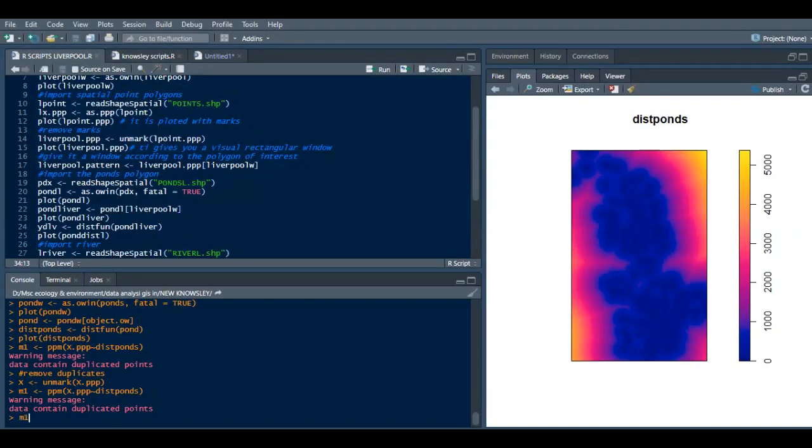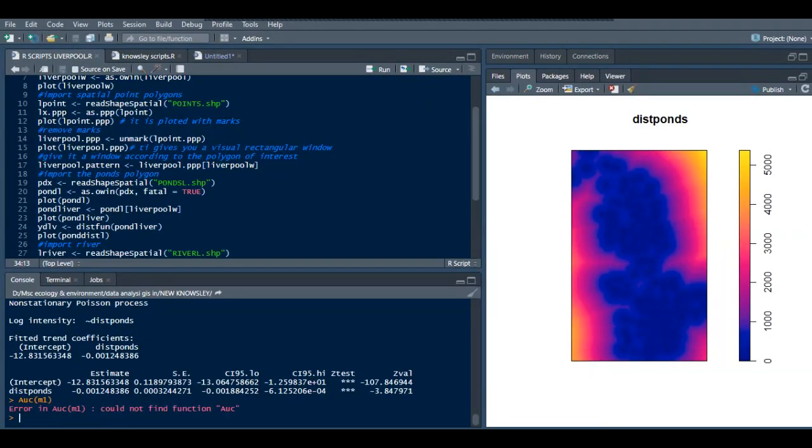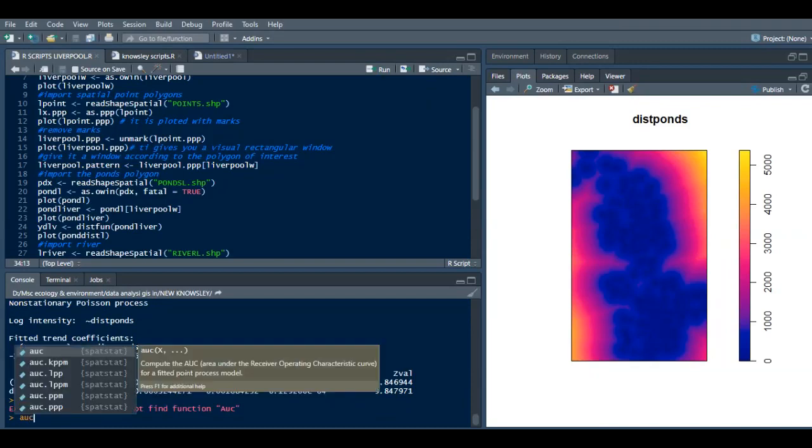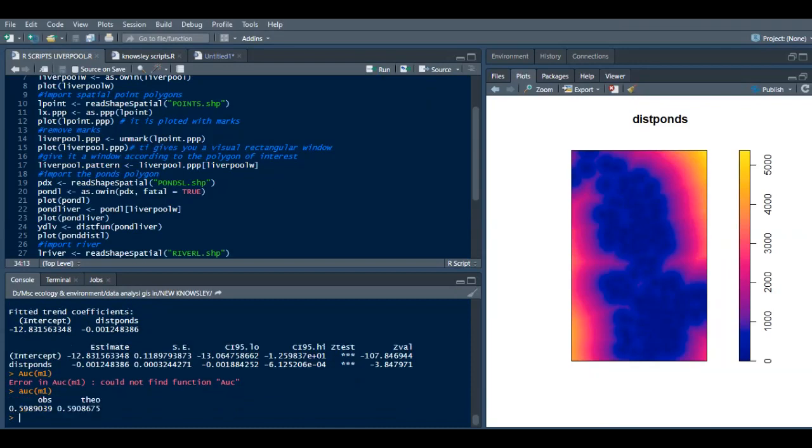But this is just a demonstration, so that is the model to give you a standard error and all that. You may need to look at the area under the curve for that model, which is model 1. You see, into M1, it's going to give you a value, which is 59.